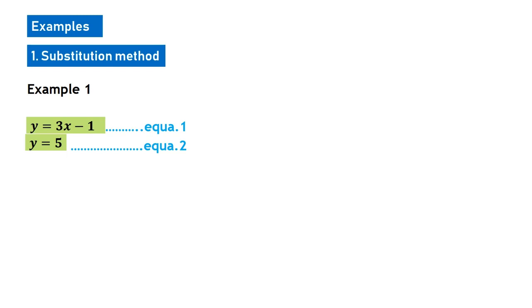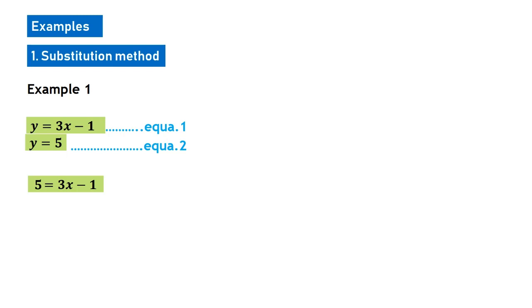Luckily in this example, one of the equations already indicates that y equals 5. So as much as it's an equation, it's already giving us the variable y. We can work out x by substituting that 5 wherever there's y in equation 1. We get something from equation 2 and substitute it in equation 1.